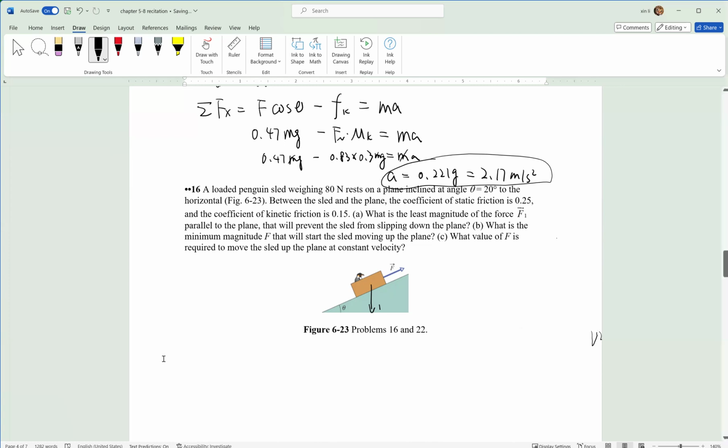What do we have? Actually, for A and B, the free body diagram is a little bit different because of the direction of our friction. But what we always have is the gravitational force, the normal force, and then the friction. For part A, the friction is this direction because it tries to slide.